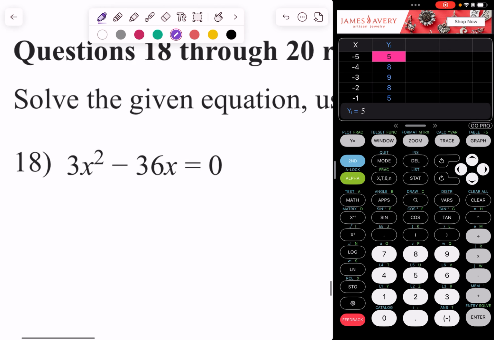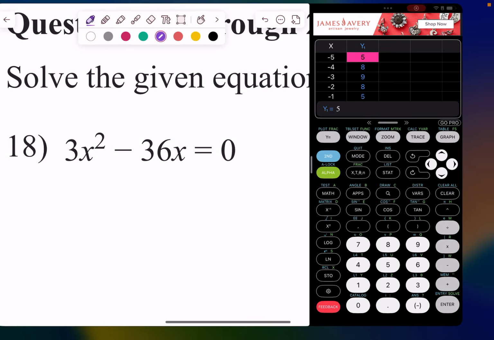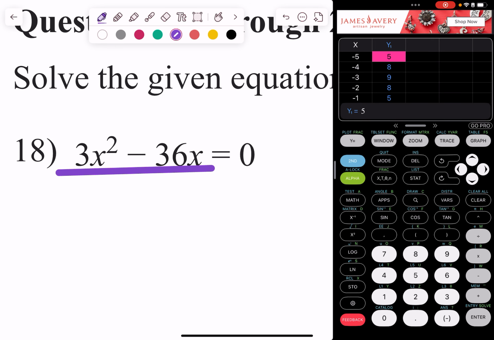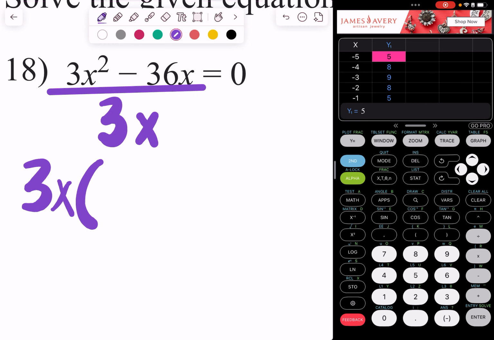Let's look at another technique on how to do this through factoring. Okay. Factoring, first step, you want to get it equal to 0, which we do have here. Second step, see if there's a number we could divide. Hey, we could divide by 3. And we could also divide by the variable x, since they both have an x. So 3x would go on the outside. 3 divided by 3 wouldn't give us anything.